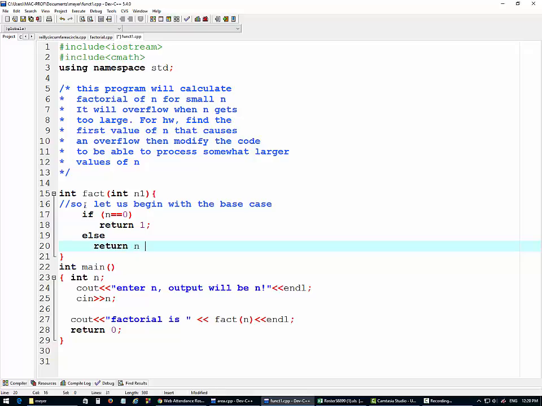So it's n times fact of n minus 1. So if we know how to solve n minus 1, we just multiply that by n and we know n factorial. So we do know how to solve 0 factorial, which is 1. So eventually it'll get down there and unravel. So let's see if that indeed will occur.